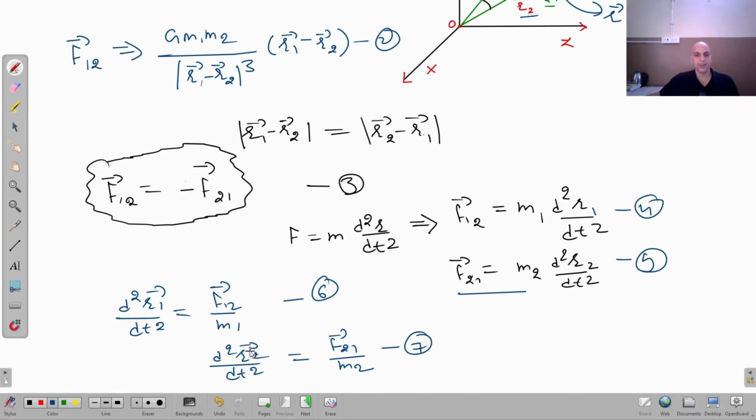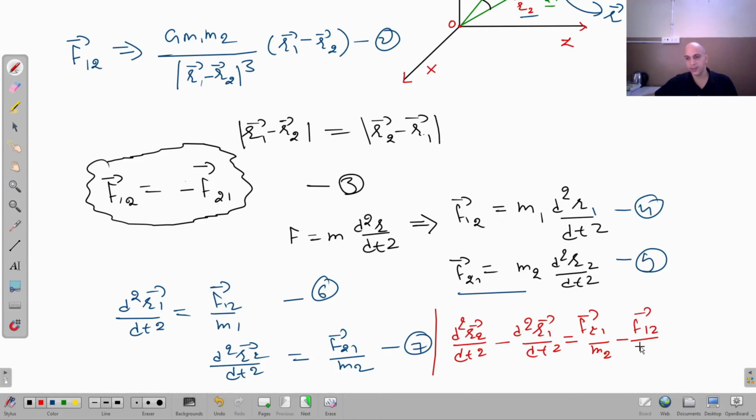Subtracting equation number 6 from equation number 7, what will I get? I will get d square r2 upon dt square minus d square r1 upon dt square, that is equal to F21 upon m2 minus F12 upon m1, right? This is what I got from here.